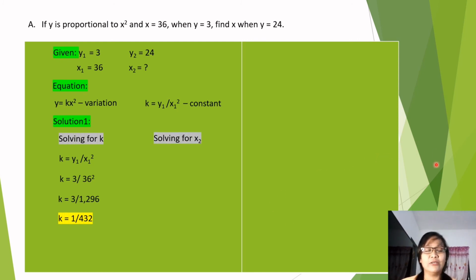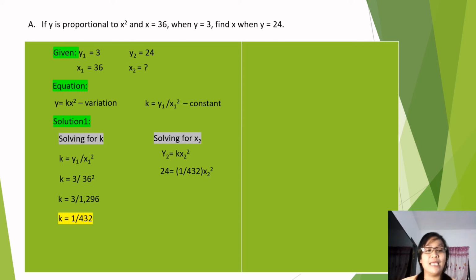Solving for the unknown x sub 2, we will use y sub 2 is equal to k x sub 2 squared. Then substitute the given. y sub 2 is equal to 24, k is equal to 1 over 432, times x sub 2 squared.